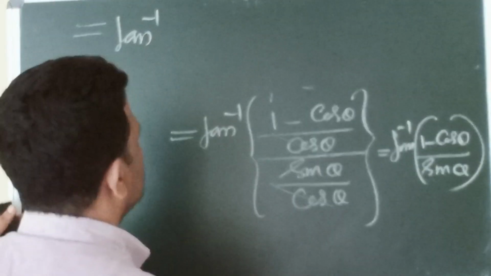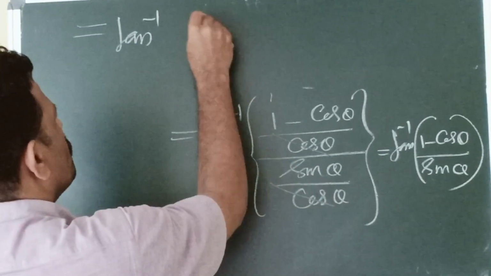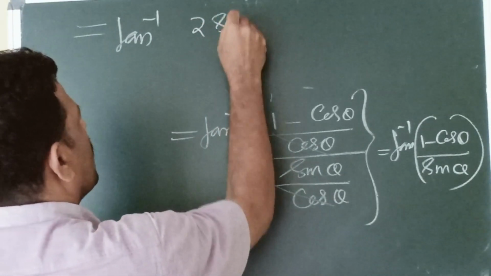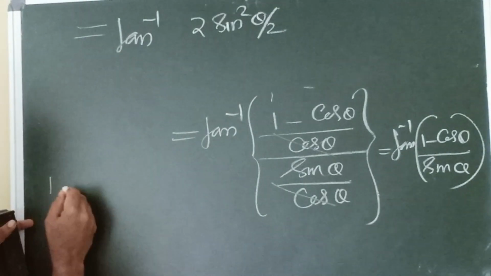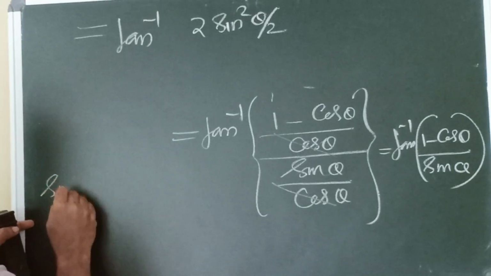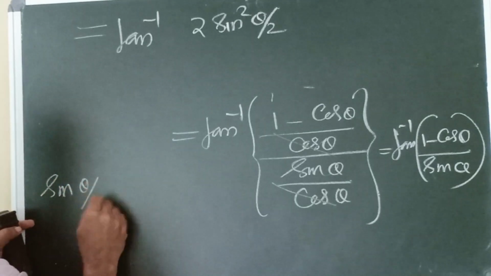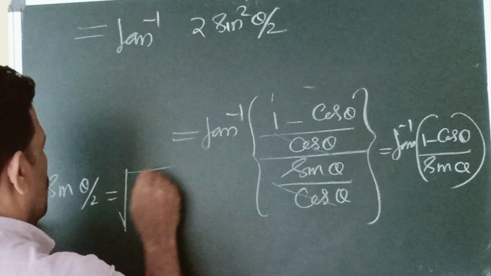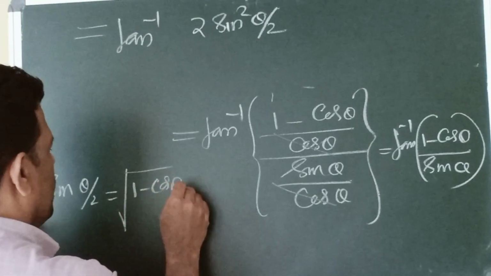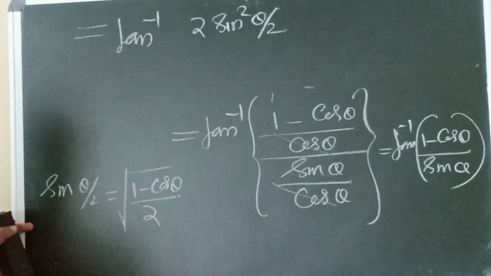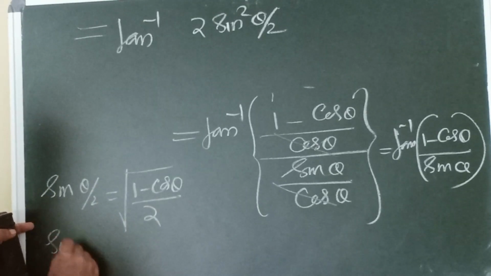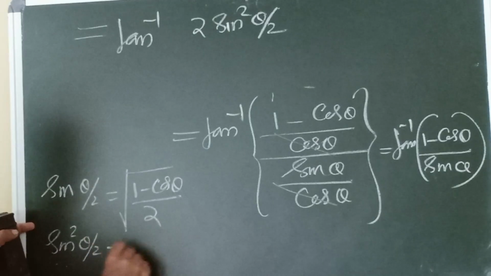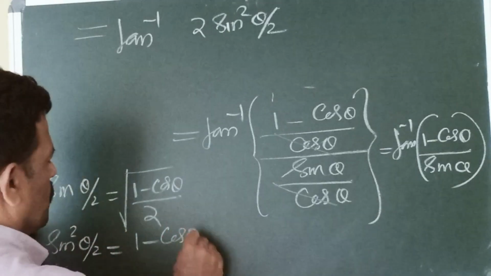That is equal to tan inverse, 1 minus cos theta means 2 into sin square theta by 2, because we know that sin theta by 2 is equal to square root of 1 minus cos theta divided by 2. Squaring, we get sin square theta by 2 is equal to 1 minus cos theta by 2.